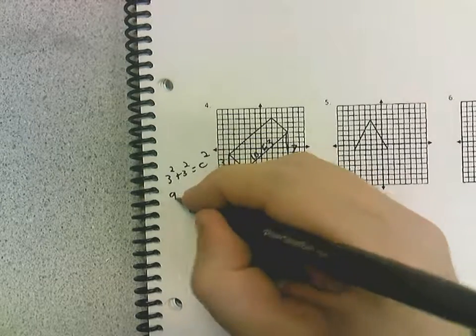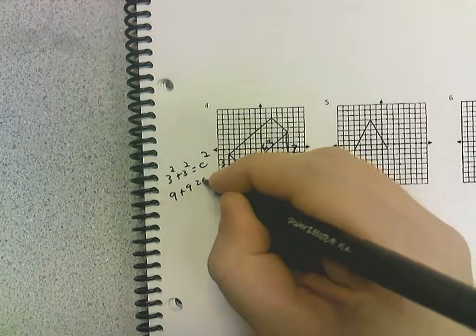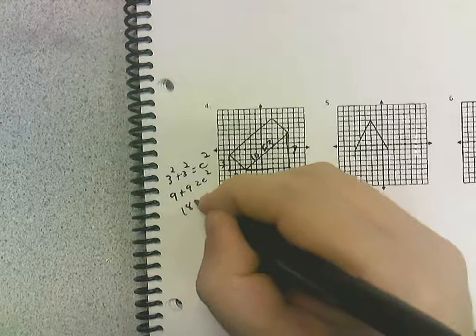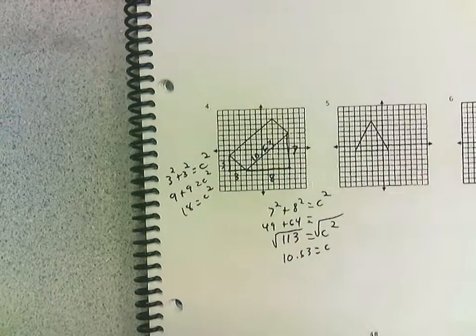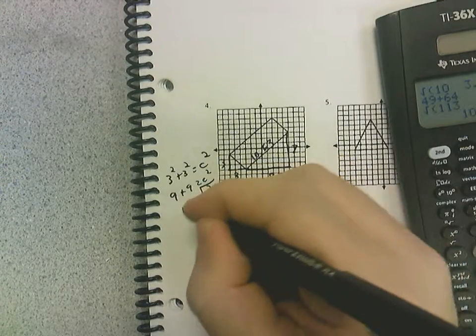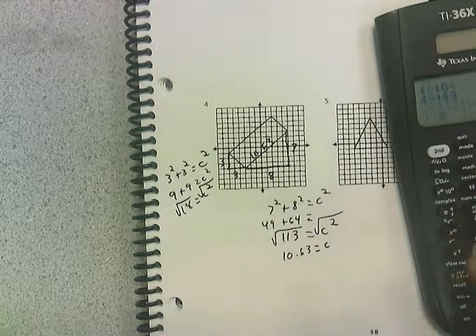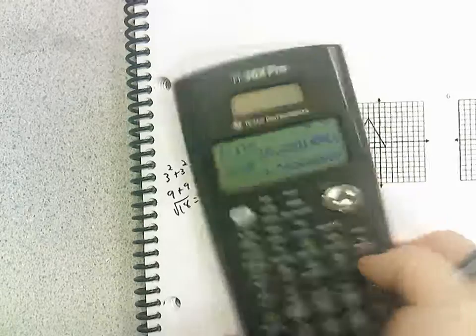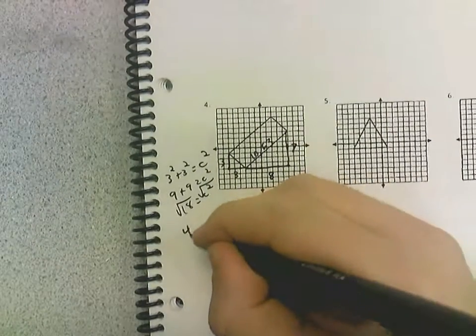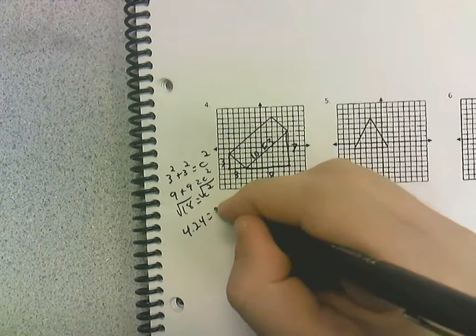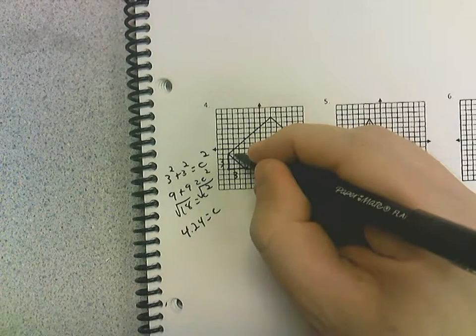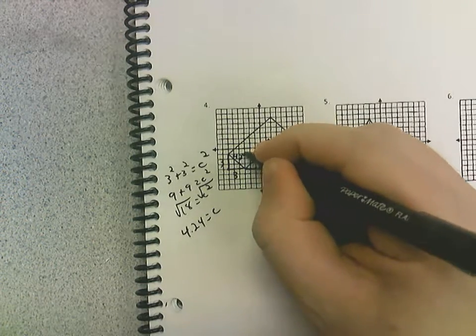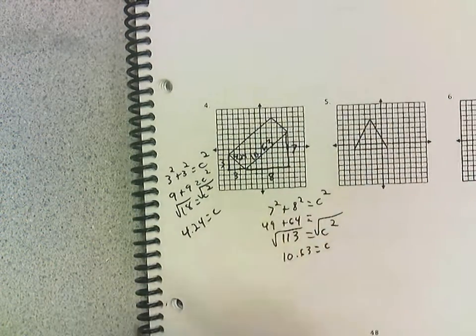So 3 squared is 9, so 9 plus 9 is equal to c squared, and then 18 is equal to c squared, and then you just need a square root to figure out the length there. The square root of 18 is going to be 4.24. So 4.24 is going to equal that length right there. Now I know the two lengths.